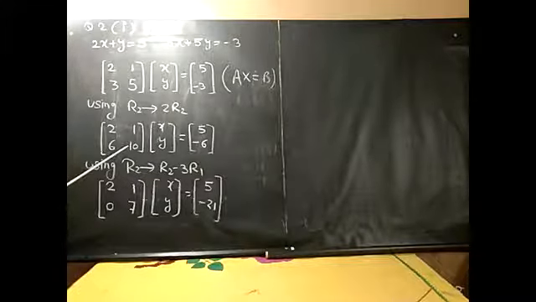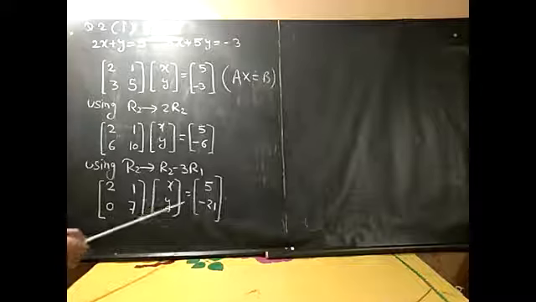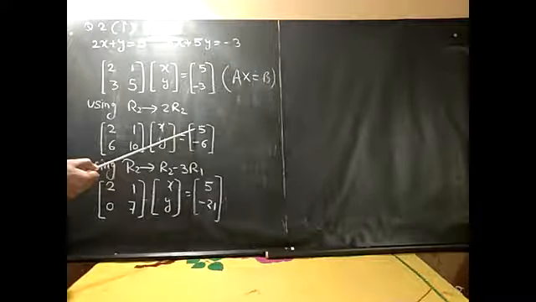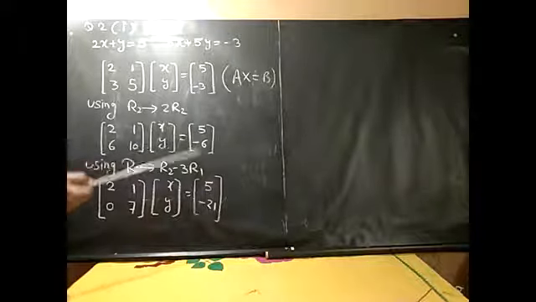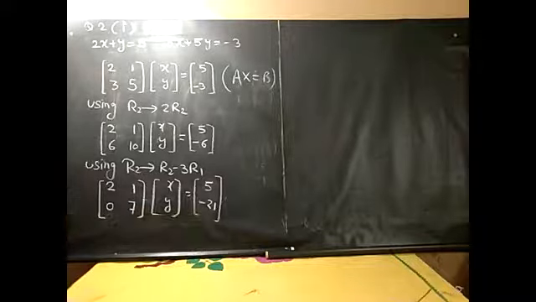Done. 10 minus 3 times 1. 10 minus 3, that is 7. Here, minus 6 minus 3 times 5 means minus 6 minus 15, that is minus 21. You can check calculation.